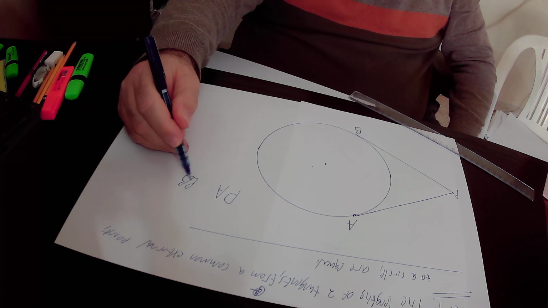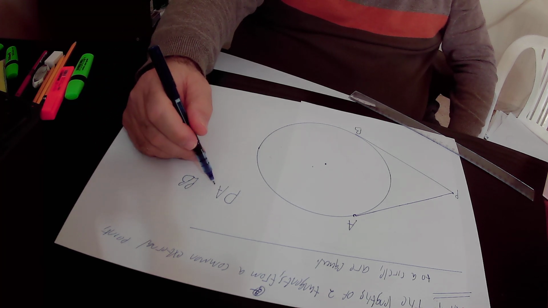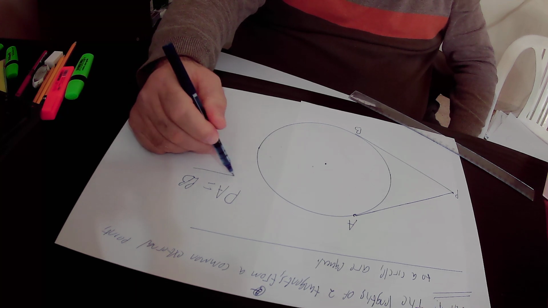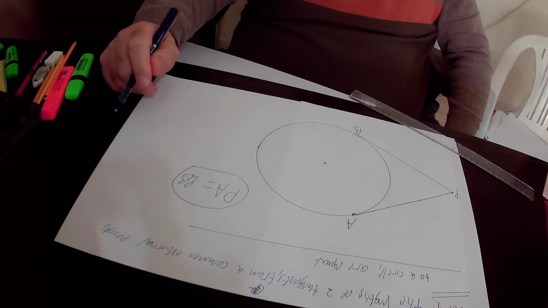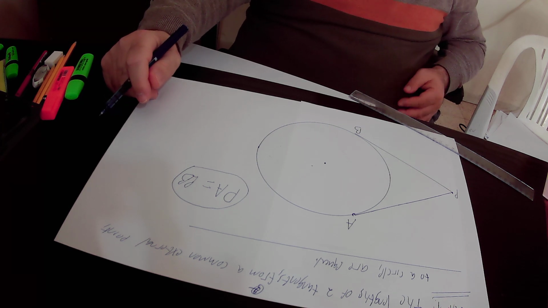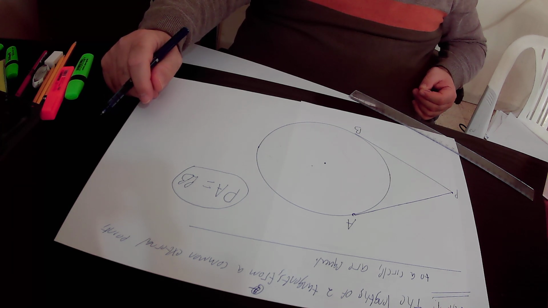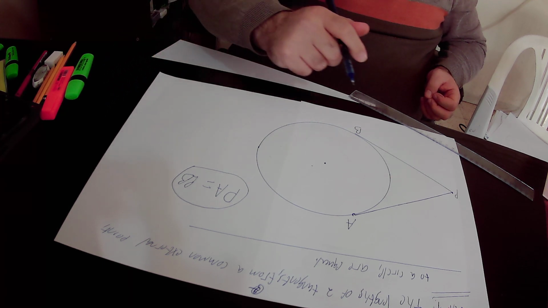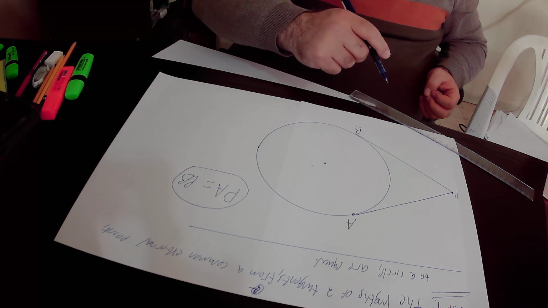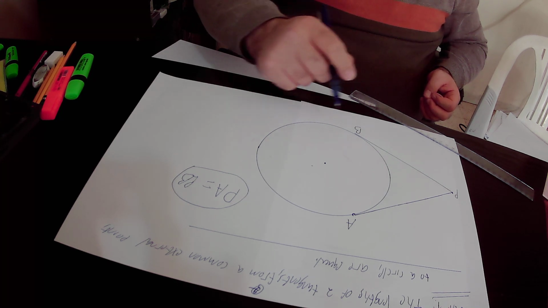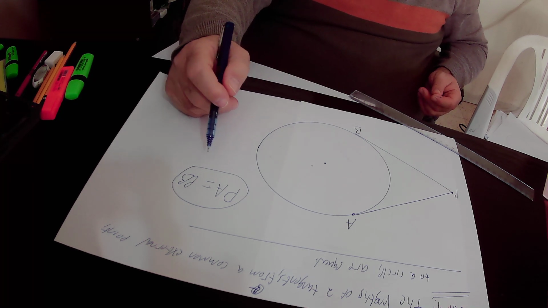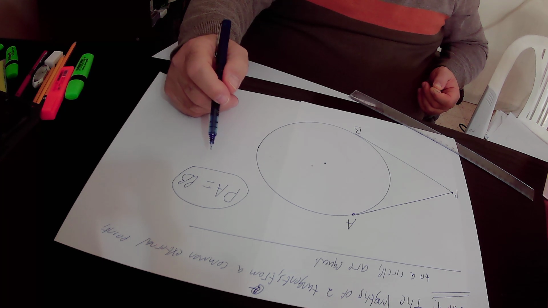That is to say, PA is equal to PB. So whenever you draw two tangents to a circle from a common external point, then the lengths of those two tangents will be equal to each other. In this case, PA equals PB. Okay?